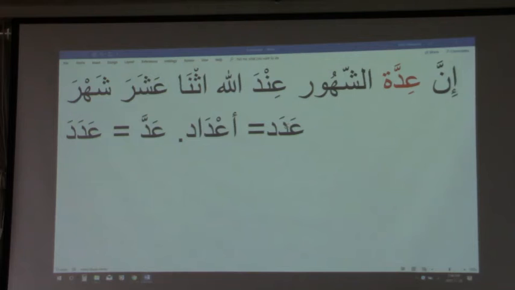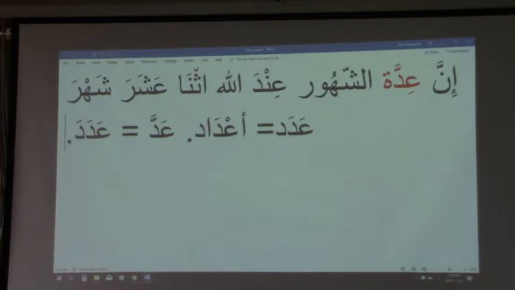What is the word adad? Number. A'dad? Numbers. What is adda? To count. And adda, how do we know what is the root word? Break the shadda. Adada. Right? Good. So I will stop here.